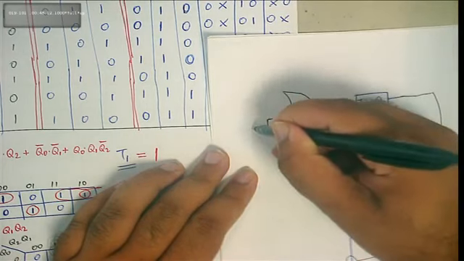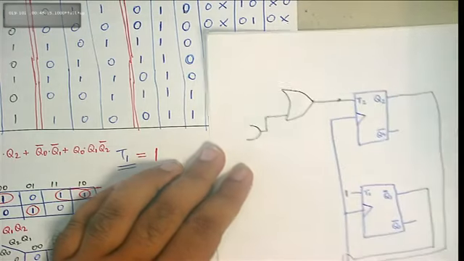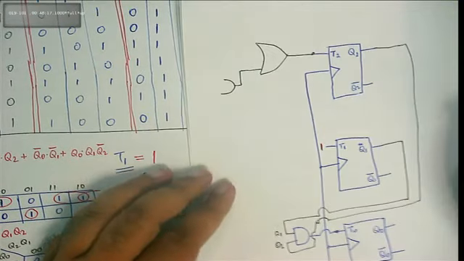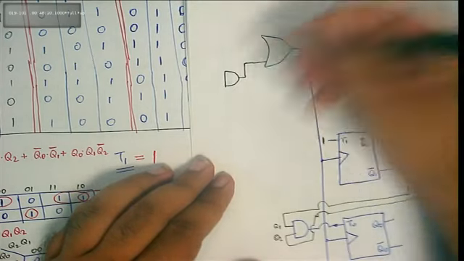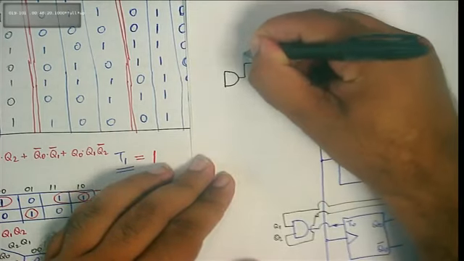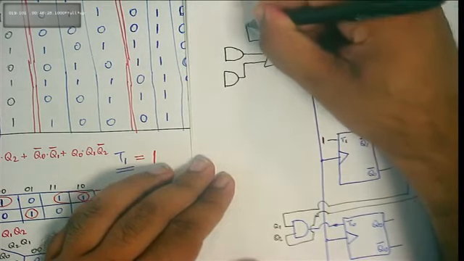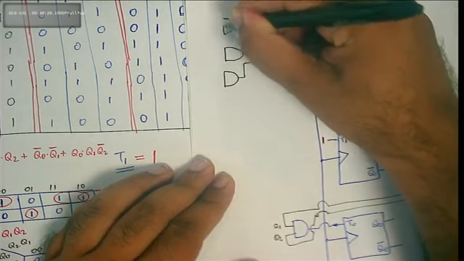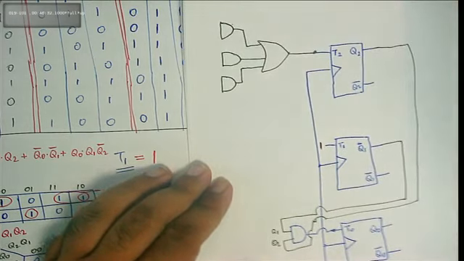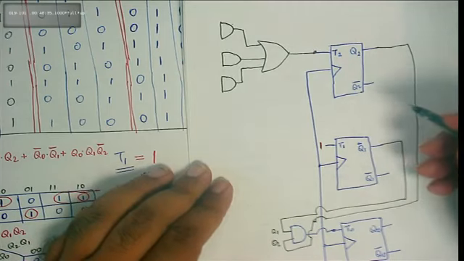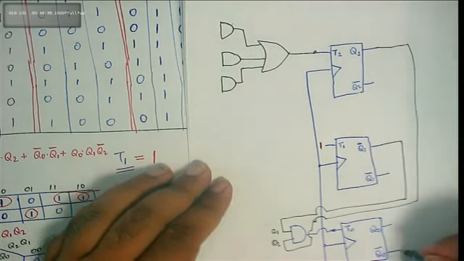One AND gate here, one AND gate here, one AND gate there. Now let's populate that AND gate: Q0 bar and Q2. Q0 bar is this one, right at the bottom. Q0 bar and Q2. How will we do that?